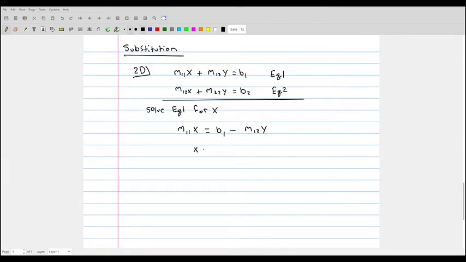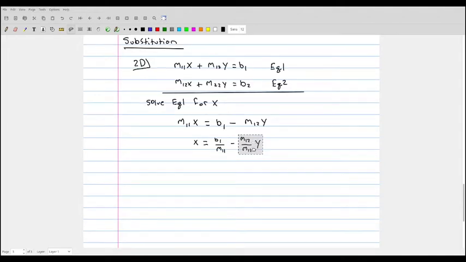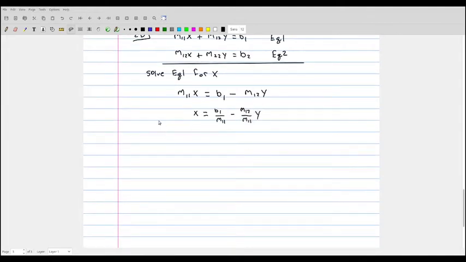So if I divide both sides by m11, x will be equal to b1 over m11 minus m12 over m11 times y. So this is what x is equal to in terms of b1, m11, m12, and y. So this is the first step, in some sense, of substitution. We solve for one of the variables.